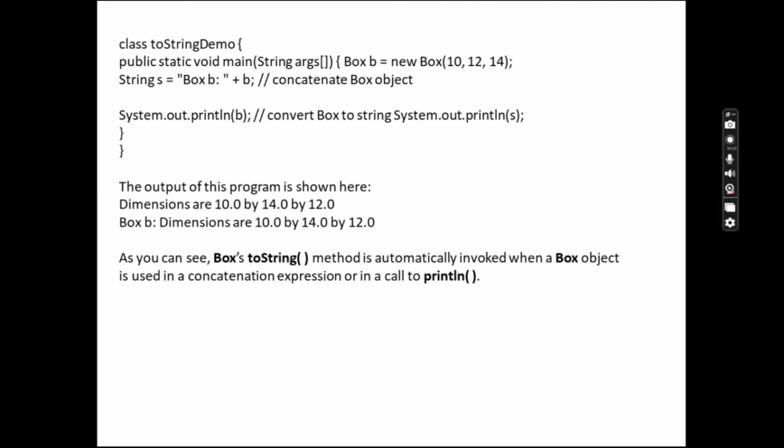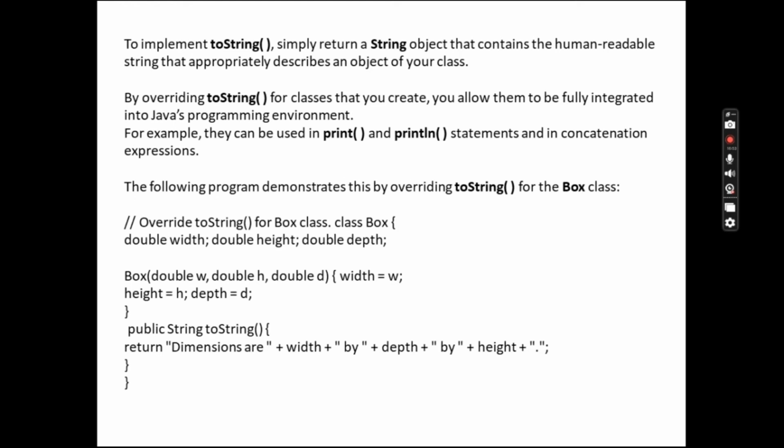Here is one more example. Public static void main, Box b is equal to new Box 10, 12 and 14. Then "Box b" plus b. So b is what? An object of type Box. And when you are providing b to System.out.println, it converts the Box to a string.